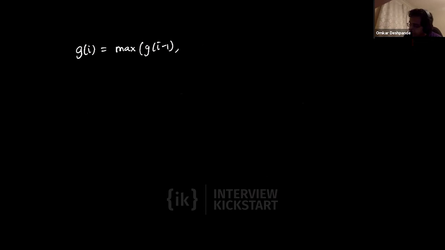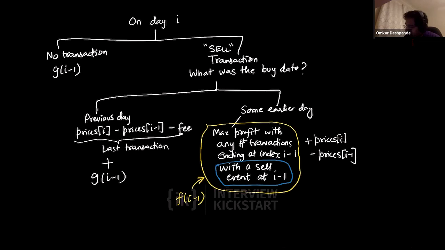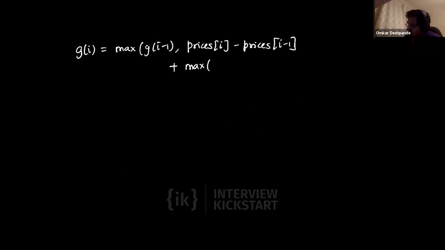So the delta in the price will be there. What we'll add to it will depend on which is bigger, f of I minus 1 or g of I minus 1 minus the phi.